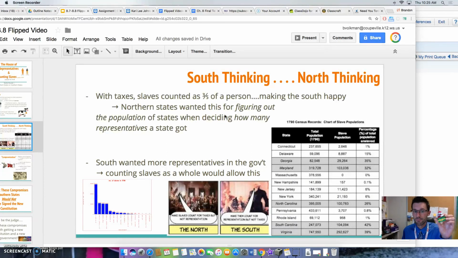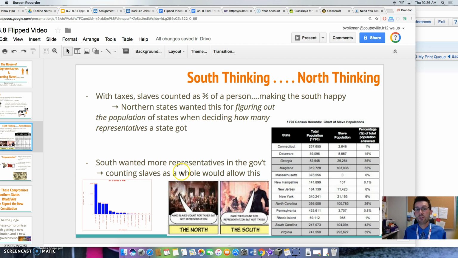It's just not fair. Now, of course, the South wanted more representatives in the government, because if that happened, they'd get more of a say in the laws and the taxes that the country had.